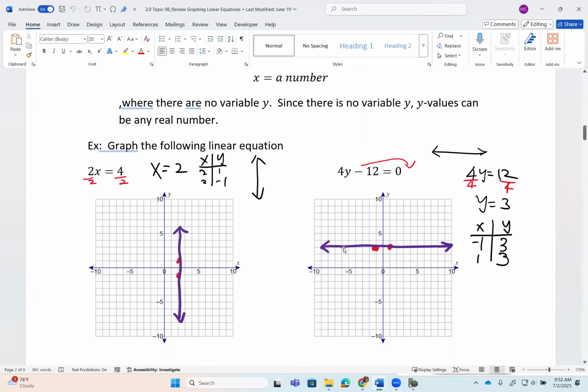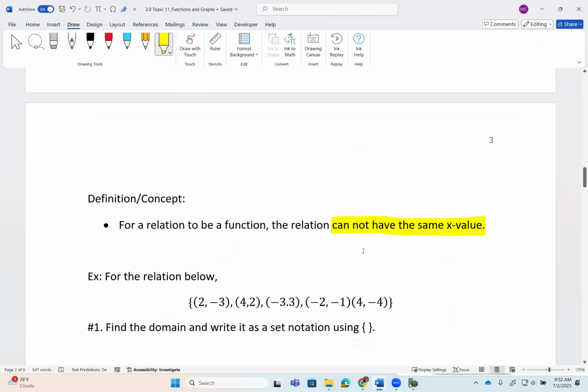So to be a function, you cannot have the same x value, okay? Because every different x value corresponds to one y value, but on the vertical line, all the x values are the same. That's the reason why a vertical line is not a function.